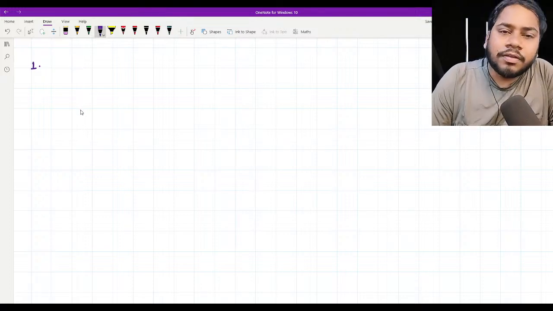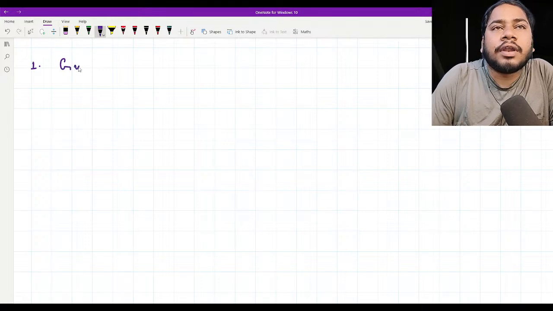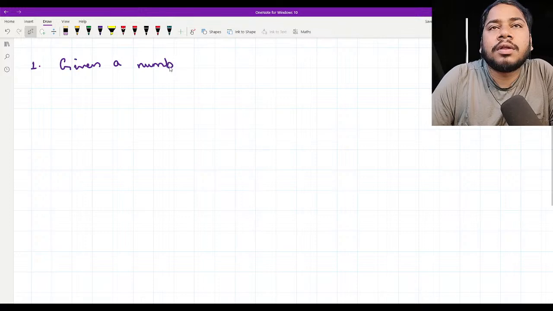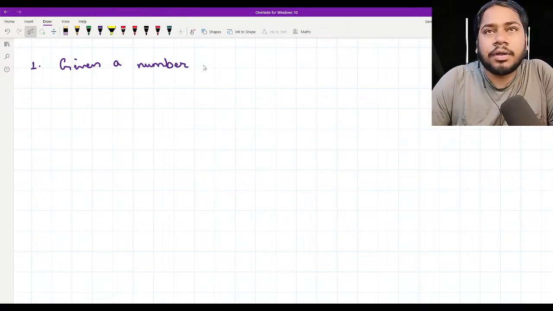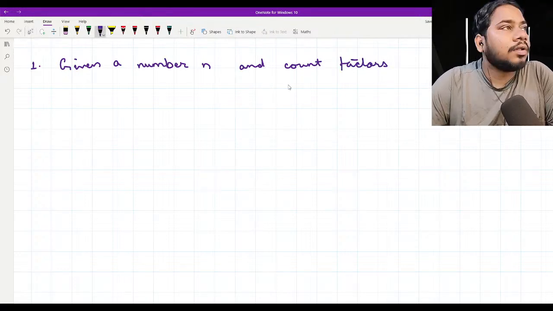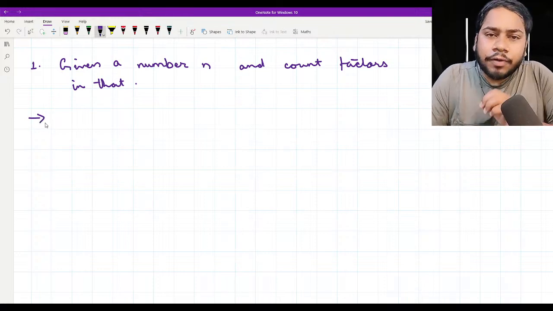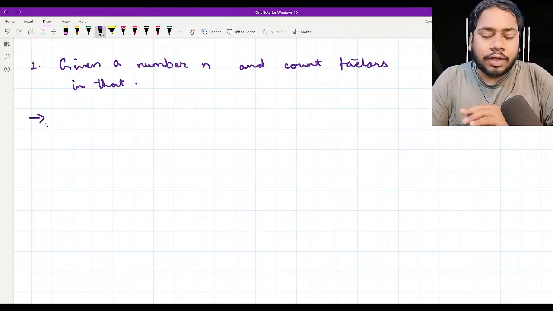So the problem is: given a number n, count the number of factors in it. Every one of you has done this already.